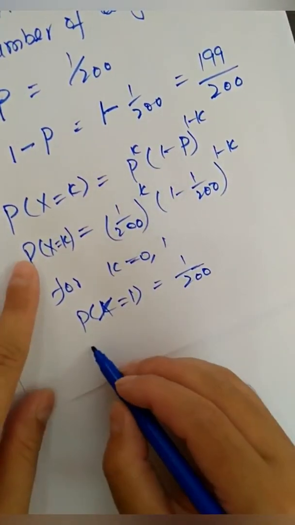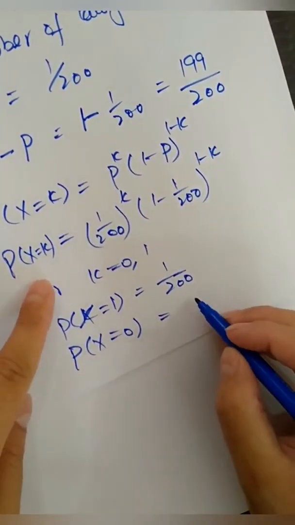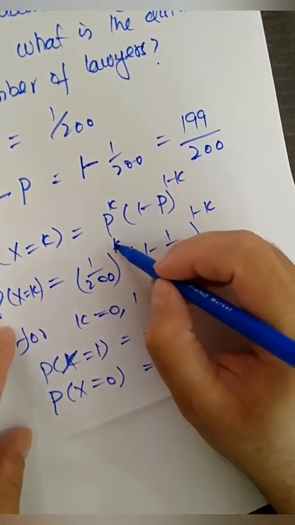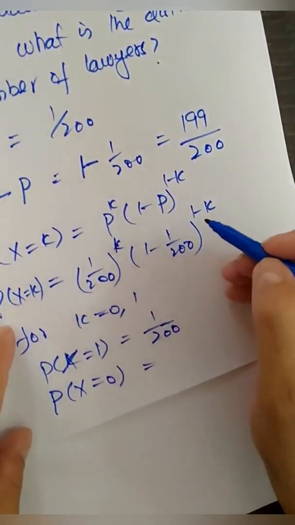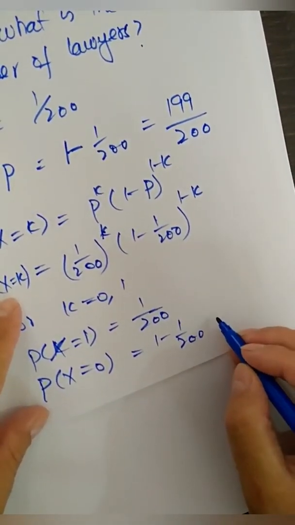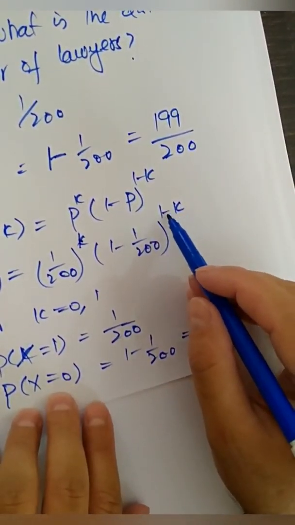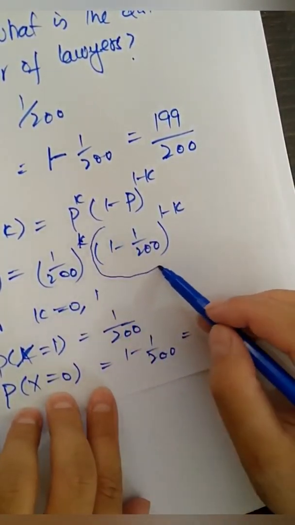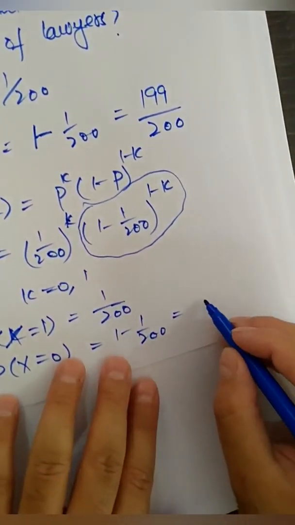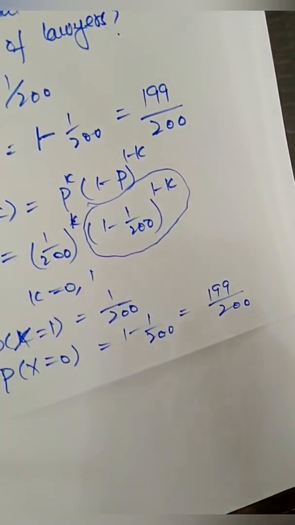So in case of failure, x is equal to 0, that is when we incorporate k is equal to 0, this will vanish, it would be equal to 1. So 1 minus 1 over 200 is equal to, so this would be 1 minus 0. So इस एक्सप्रेशन की जो है पावर 1 होगी. सो it is equal to 199 divided by 200.